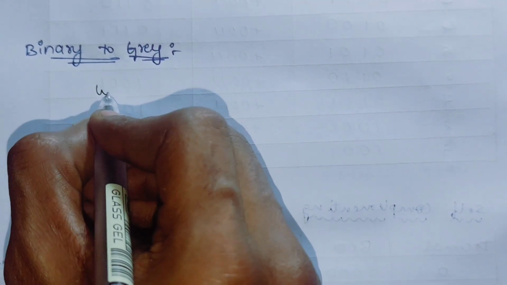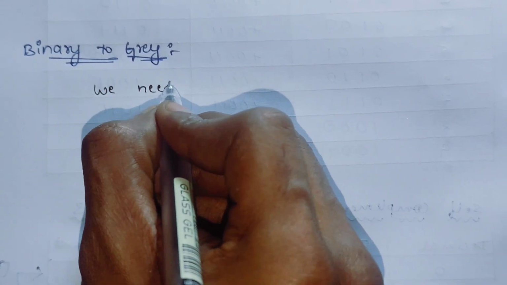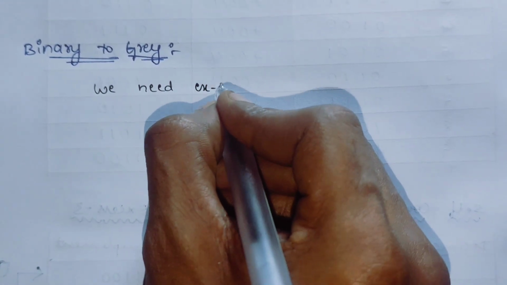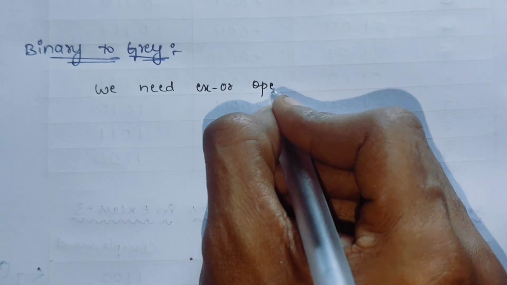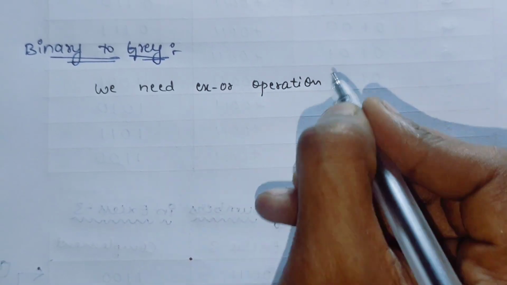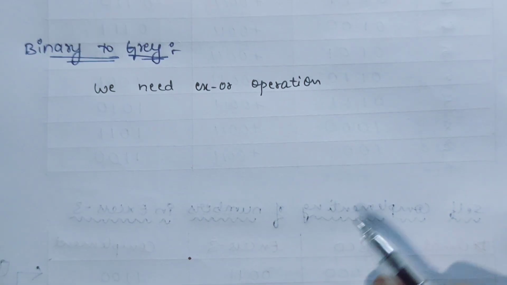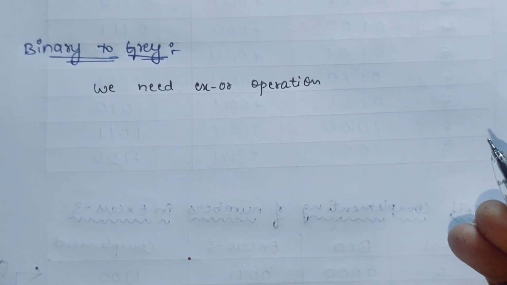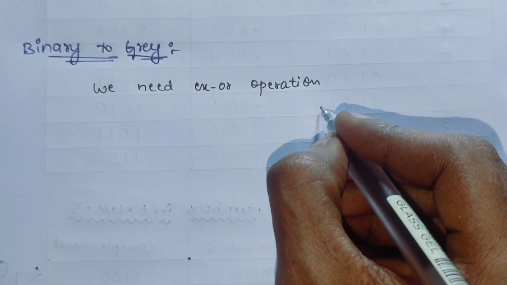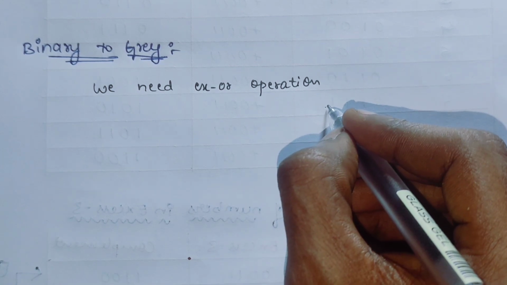In order to convert binary numbers to gray, we need to perform the XOR operation. If you're not aware of this XOR operation, you're going to learn it in the further parts of the digital electronics videos. For now, let's see how XOR works.